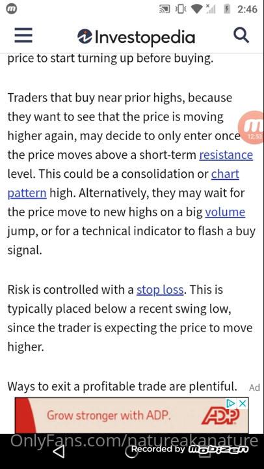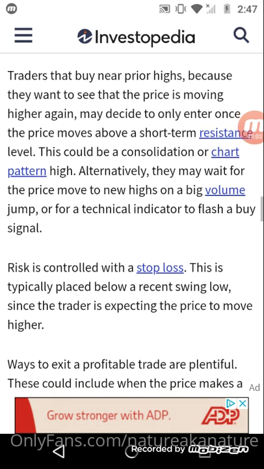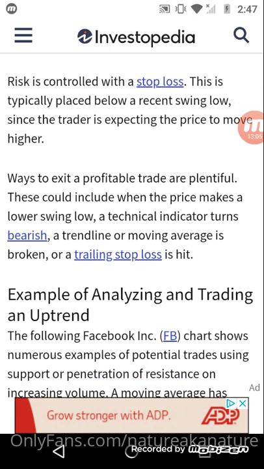Since the trader is expecting the price to move higher, the best way to do this is to wait to see confirmation: some type of candlestick, some type of technical indicator, some type of bullish signal or trend line, or you look at the moving average.